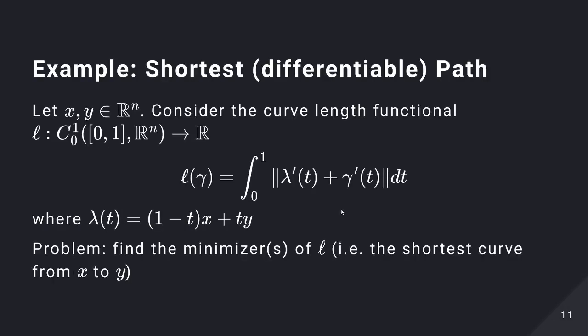Yeah, the other example I wanted to give was, if you head to the next section, the exercise. Let's say I have points x, y in R^n, and I start by defining just the segment between x and y, and I want a curve length functional of a functional that takes a differentiable function from 0 to 1 in R^n, and 0 here means that basically I'm perturbing this straight line.